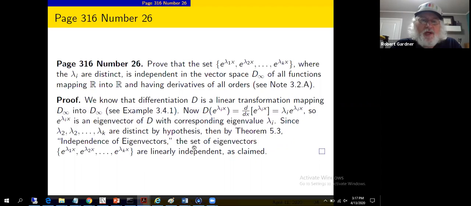But hey, we know when we have different eigenvalues, we get linearly independent eigenvectors. That was what 5.3 was about. We have different eigenvalues because they told us we did. The lambda sub i's are distinct. So the corresponding eigenvectors are linearly independent. You won't find a quicker way of establishing linear independence than this little approach here. Of course, it's designed to be worked that way.